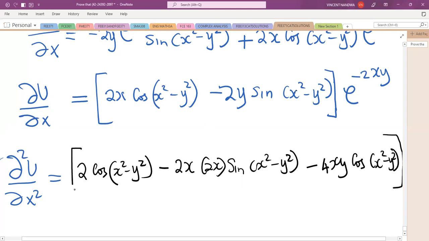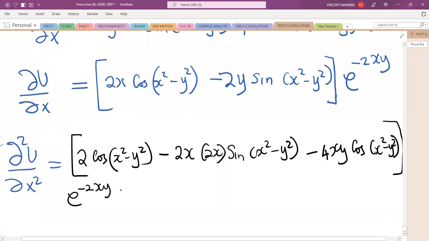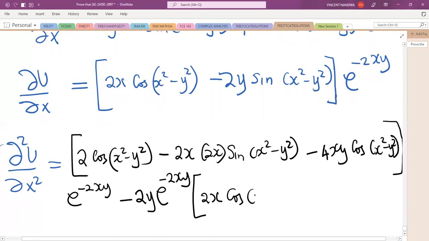And then I multiply this one by e raised to power minus 2xy. Then the derivative of this one will give me minus 2y e raised to power minus 2xy. Then I multiply by this bracket 2x cosine of x squared minus y squared, and then minus 2y sine of x squared minus y squared.